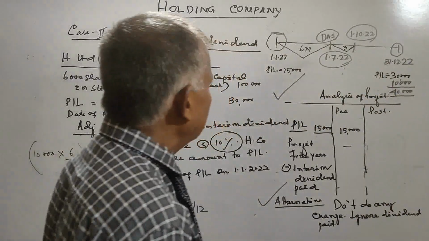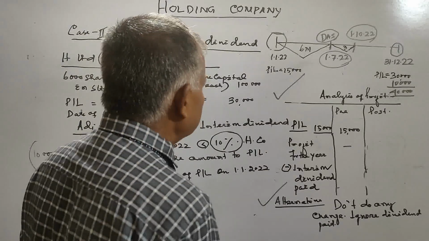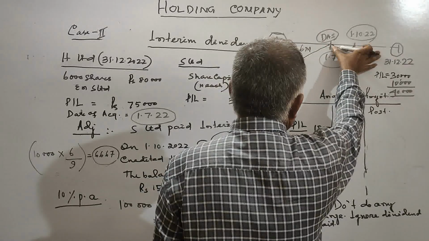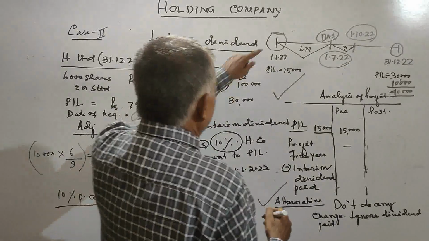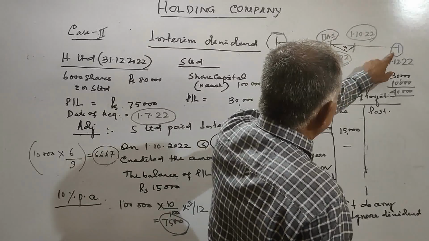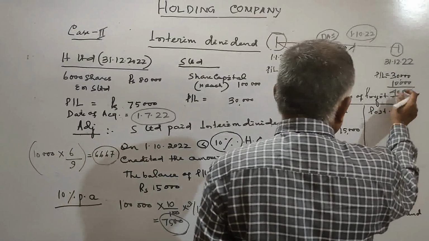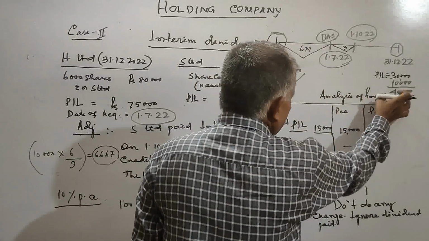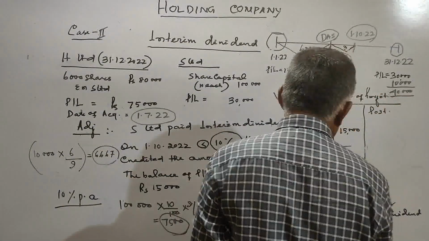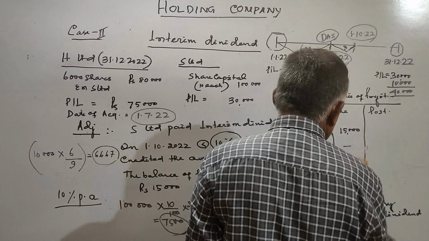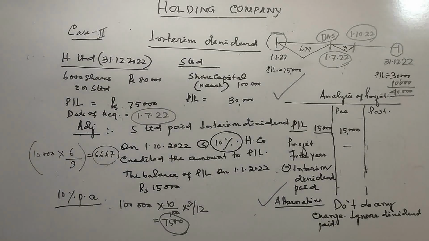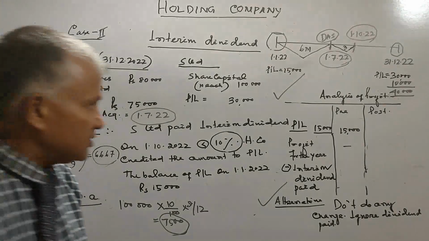So during the year profit is your 25,000, but date of acquisition is 6 months, post acquisition period is 6 months. So 1/1/22 to 1/7/22, 6 months, post acquisition period is 6 months. So 25,000, the difference between 15,000 and 40,000. This 25,000 will be divided between pre and post equally, because the period is equally divided, 6 months, 6 months.